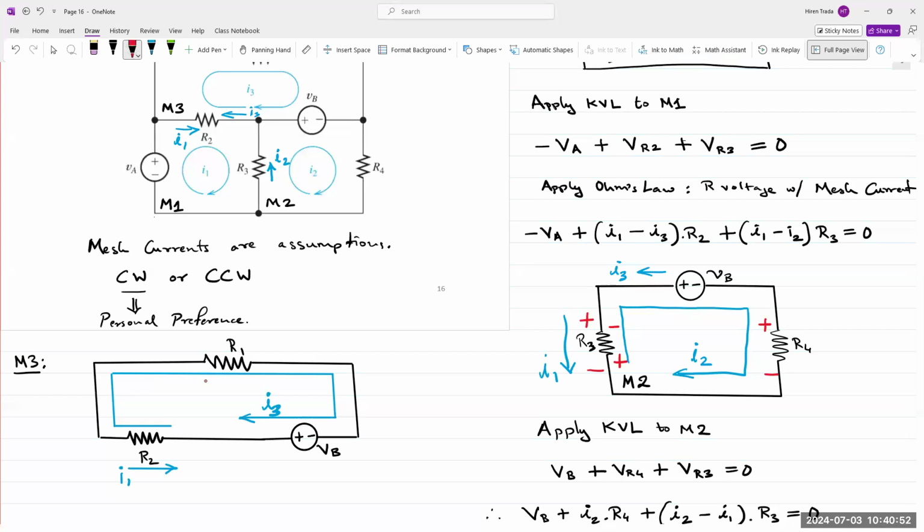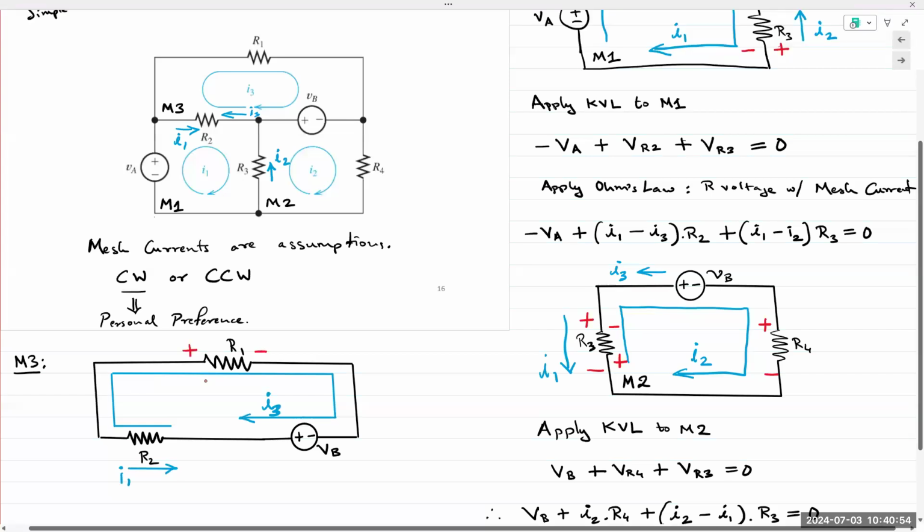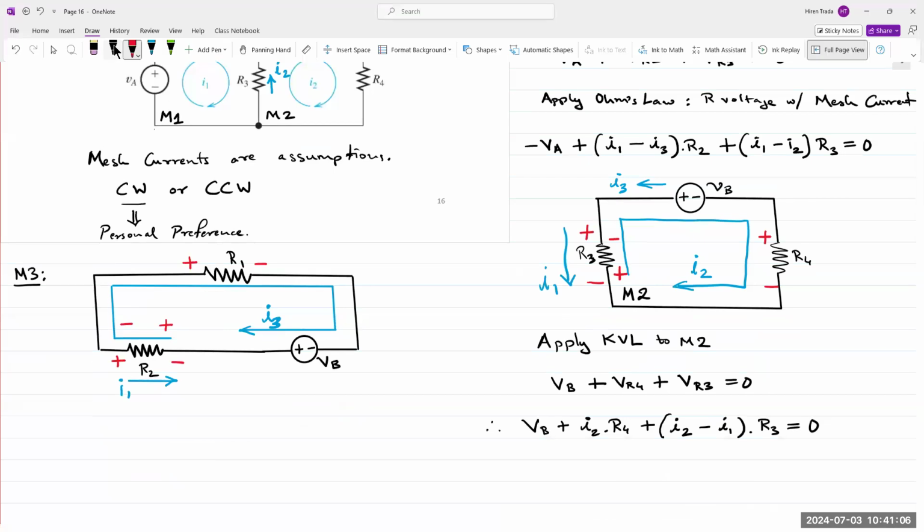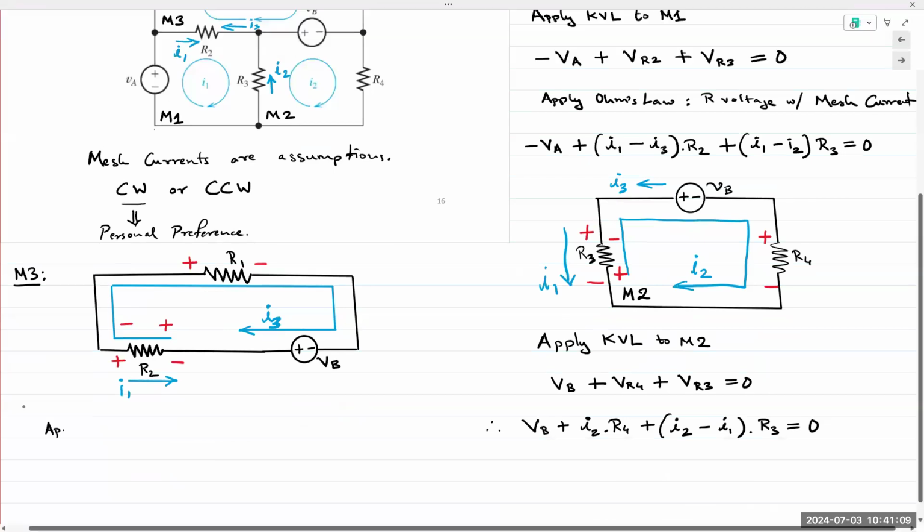And so I'd have a plus and a minus for R1 this way, and a plus and a minus for R2 this way, plus and a minus this way. And now apply KVL, my expression would be VR2 plus VR1 minus VB equal to 0.